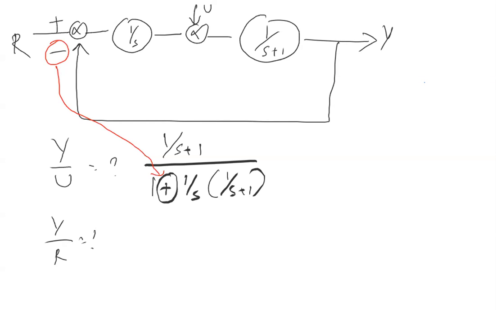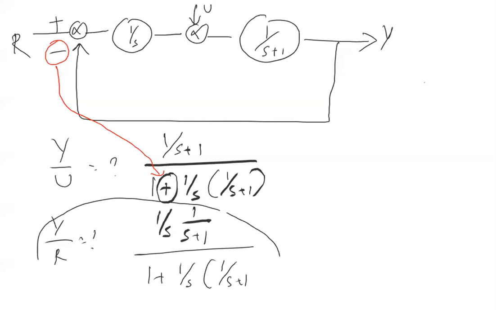Now what is y by r? Y by r means the transfer functions between y and r, which are 1 by s into 1 by s plus 1, divided by 1 plus 1 by s into 1 by s plus 1. So this is the y by r, this is y by u.